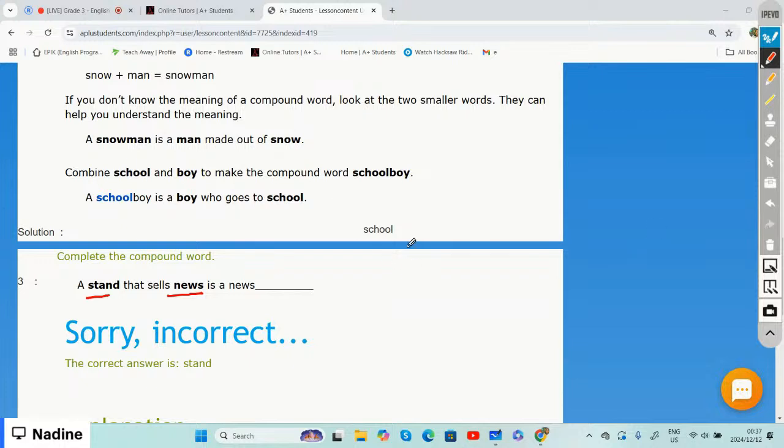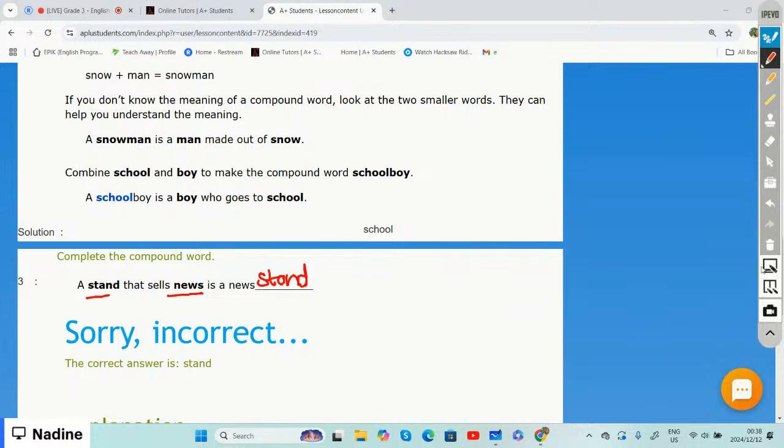And if we were to choose the correct option, we can either say a stand that sells news is a newsstand or a newspaper stand. All right. So a newsstand.